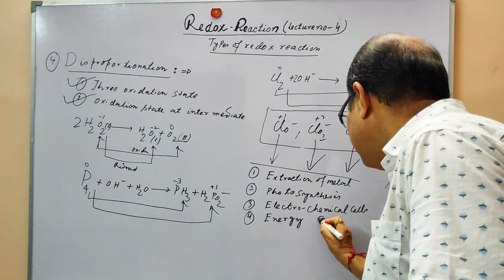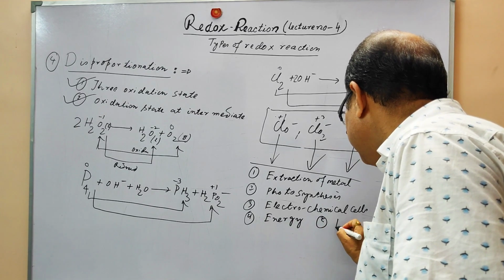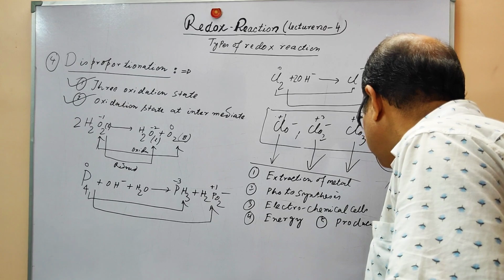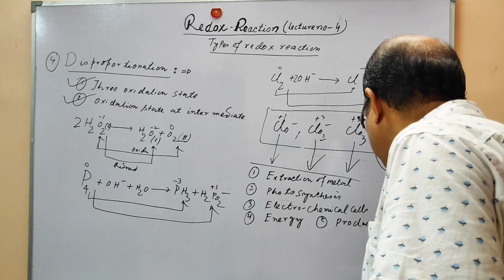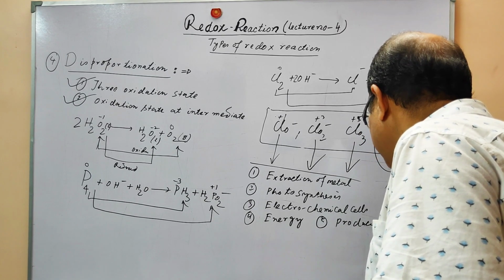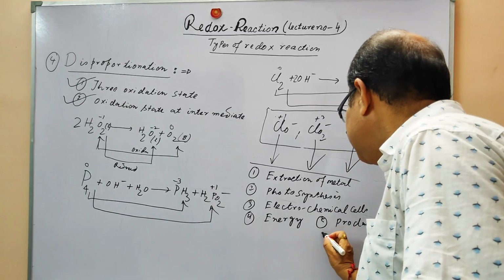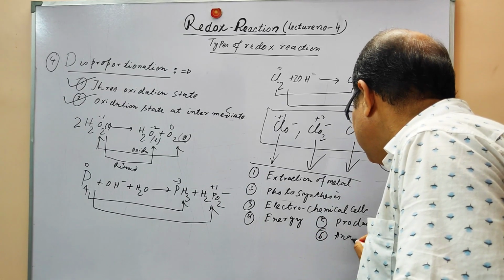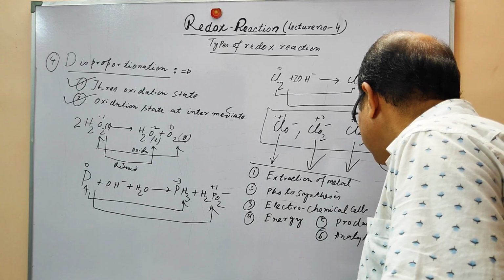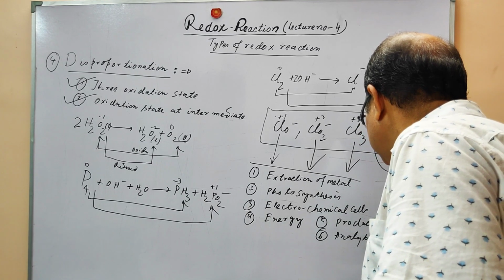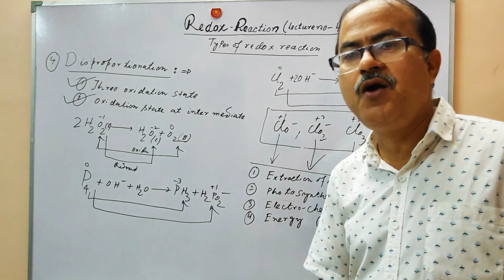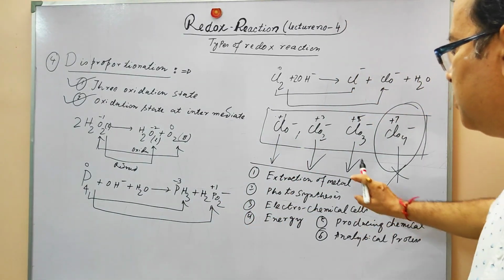Number five, for producing chemicals. And number six, the analytical process. So we can understand how important redox reaction is.